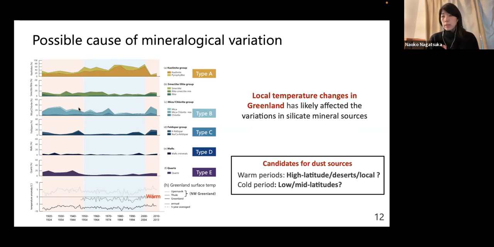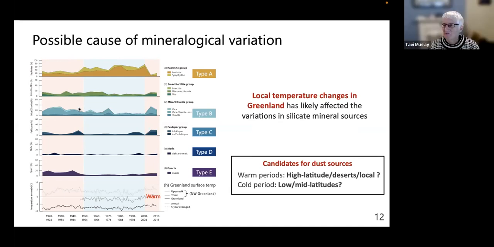I only show the proportion in this presentation, but mostly this is similar to the individual number of the particles. So there is not much difference between proportion and number of the particles of each type, I think. Okay, thank you.